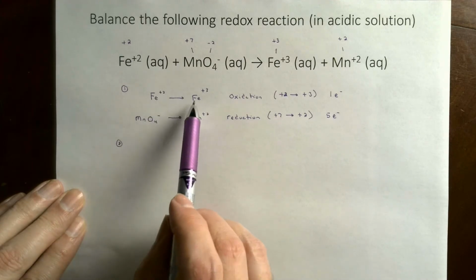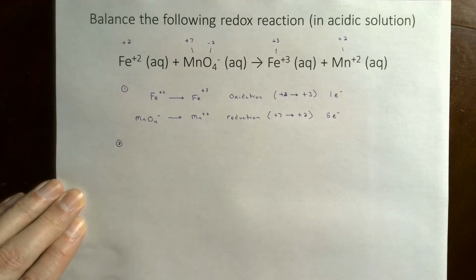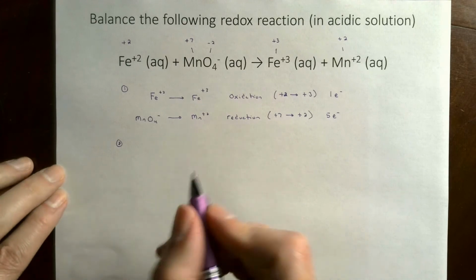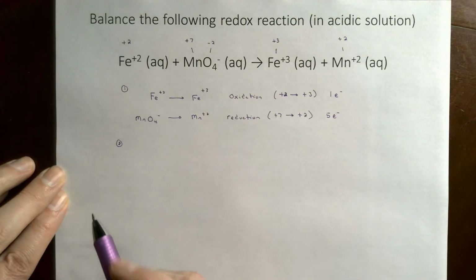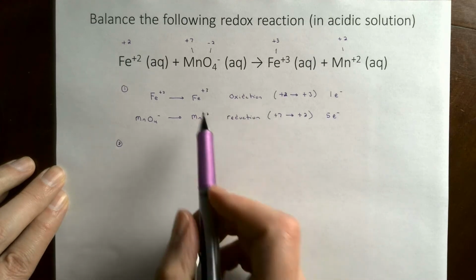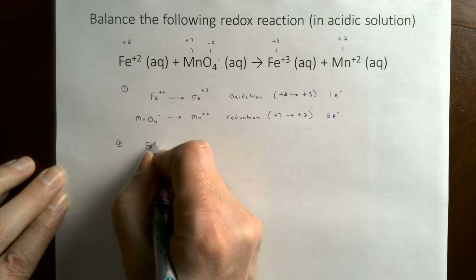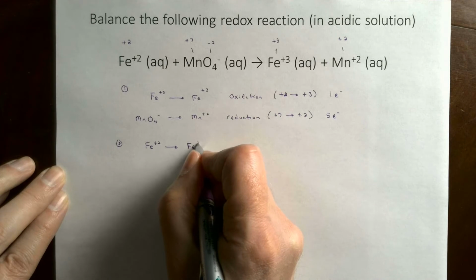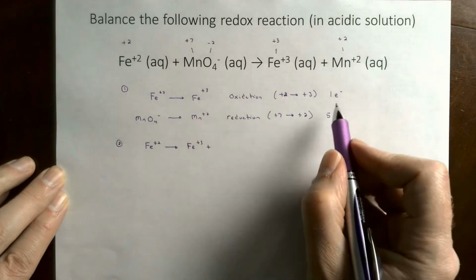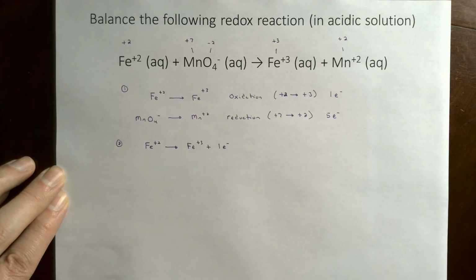So 1 iron here and 1 iron there, balanced. 1 manganese here, 1 manganese there, balanced. All right. So if I have an oxidation, it means the electron's being given away. So the electron is a product. Fe plus 2 produces Fe plus 3 plus the 1 electron that we determined earlier.